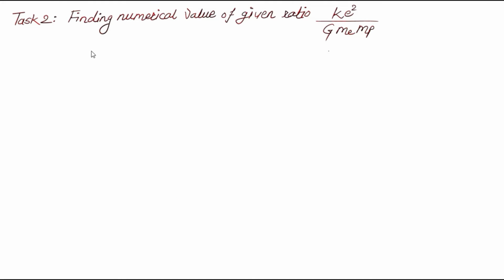Our next task is finding the numerical value of the given ratio, that is Ke square upon G Me Mp. So let's substitute the values in the given ratio Ke square upon G Me Mp.